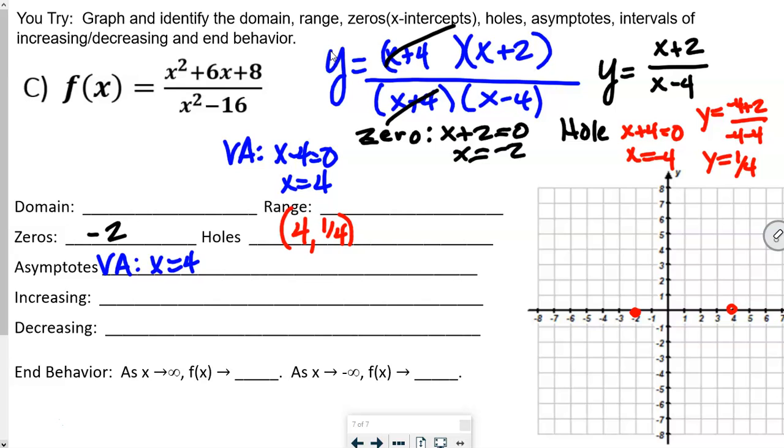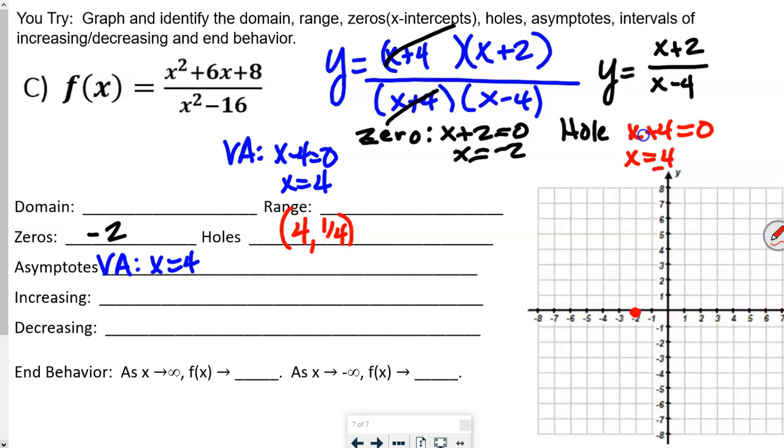So with our hole, y'all, let me go ahead and erase this and do it again so I can show y'all. So with our hole, we're going to do x minus 4 equals 0, so x equals 4, and then we're going to put that 4, wait, no, that was x plus 4, sorry.